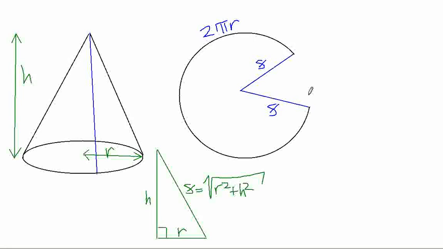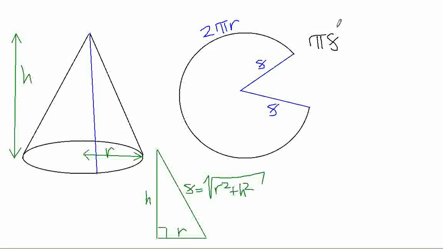Okay, so to find the surface area of the cone, we're going to have to add the area of my Pac-Man shape to the area of the circular base. All right, so let's see if we can do that now. If the Pac-Man shape was not missing that little slice with the blue line segments, we could just say that the area is the area of a circle with radius s.